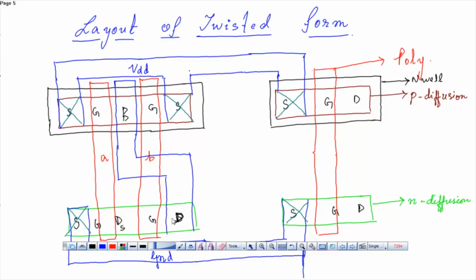Okay, now this is the output part. These two are also connected. This is the output part. This is our metal.